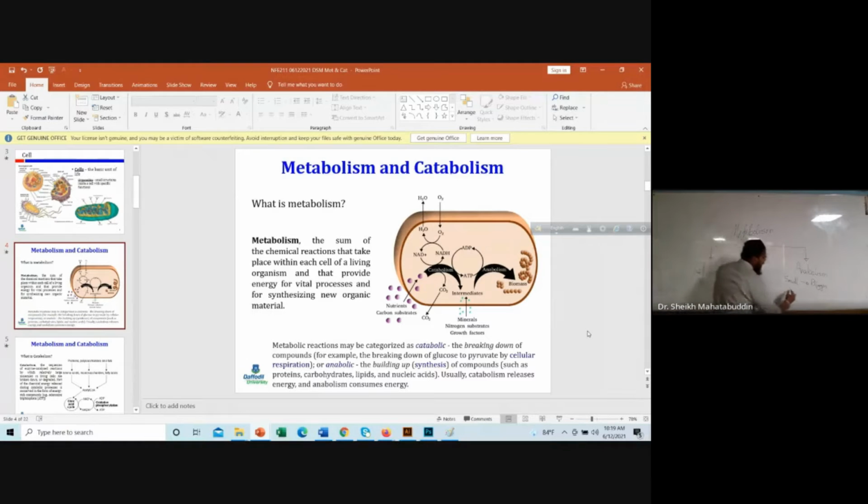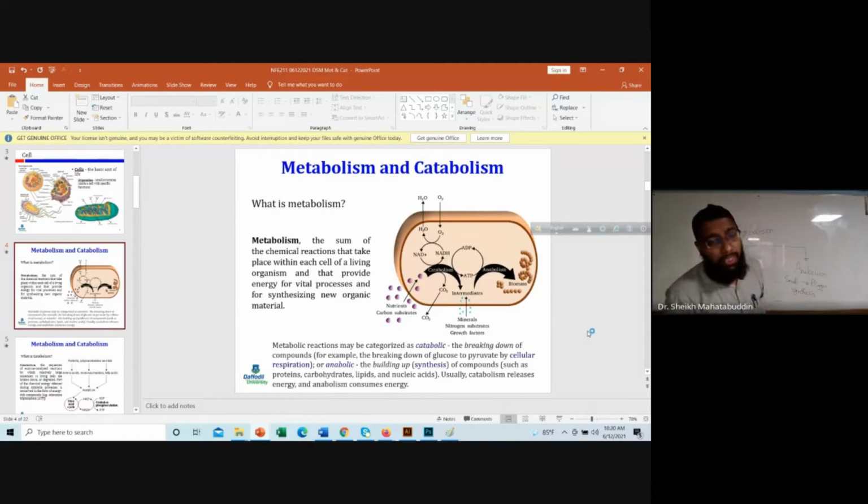That means this is a synthesis process and this is a breakdown process. So catabolism is also known as breakdown reaction, and anabolism is sometimes named biosynthesis. Okay, so this is the breakdown, this is the formation.